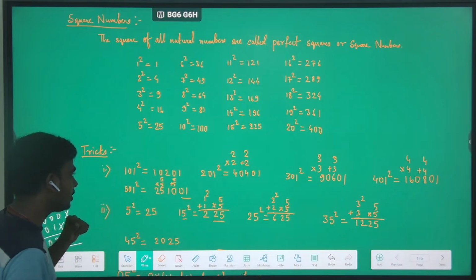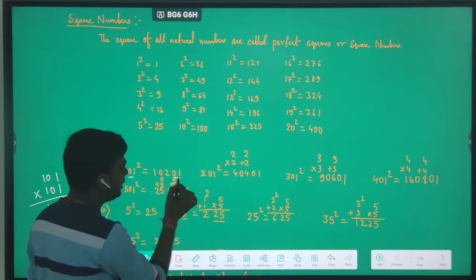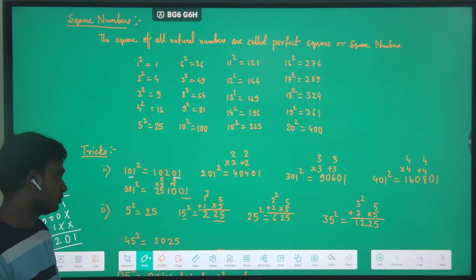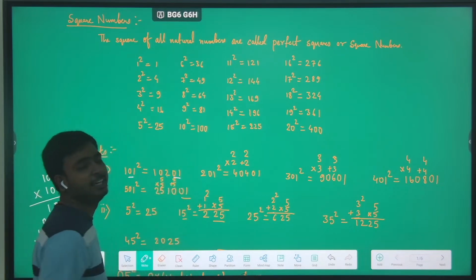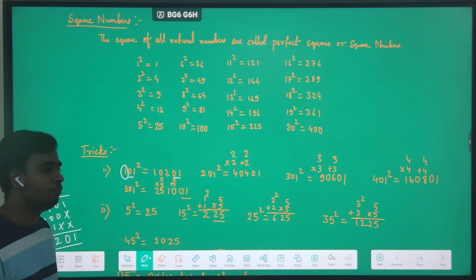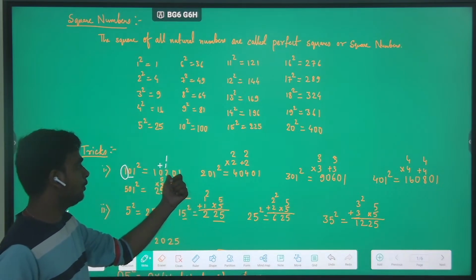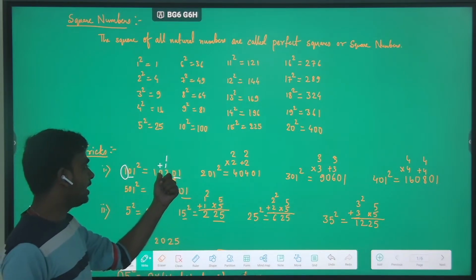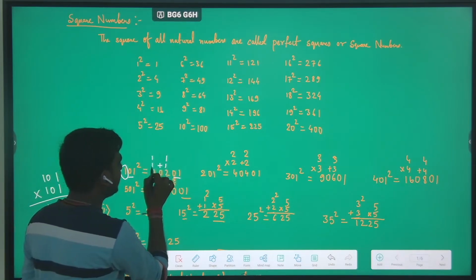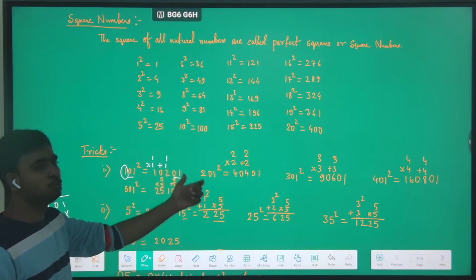This 01 part will remain the same in the answer. In the third digit, the first number is 1, and we add this number 2 times: 1 plus 1 is 2, so we get 2. After that, the 0 remains the same. And after that, we multiply the number 2 times: 1 into 1 is 1. So we get 10201.